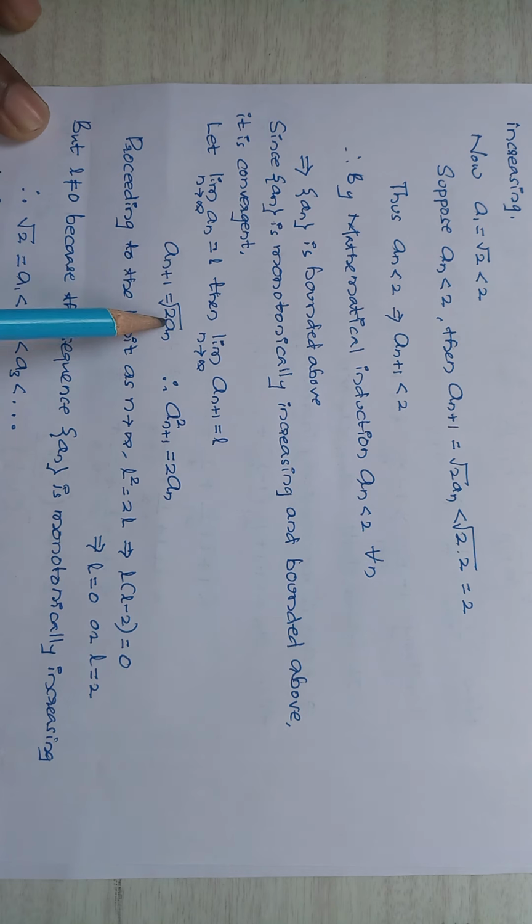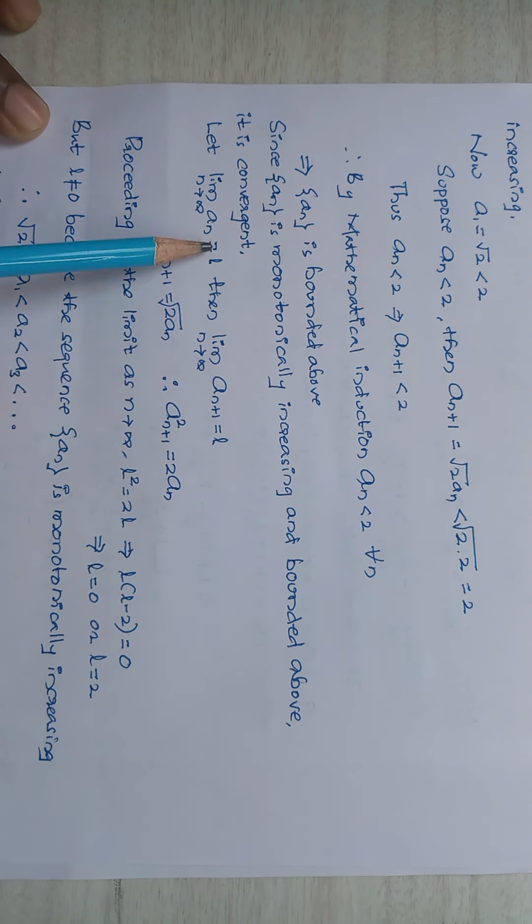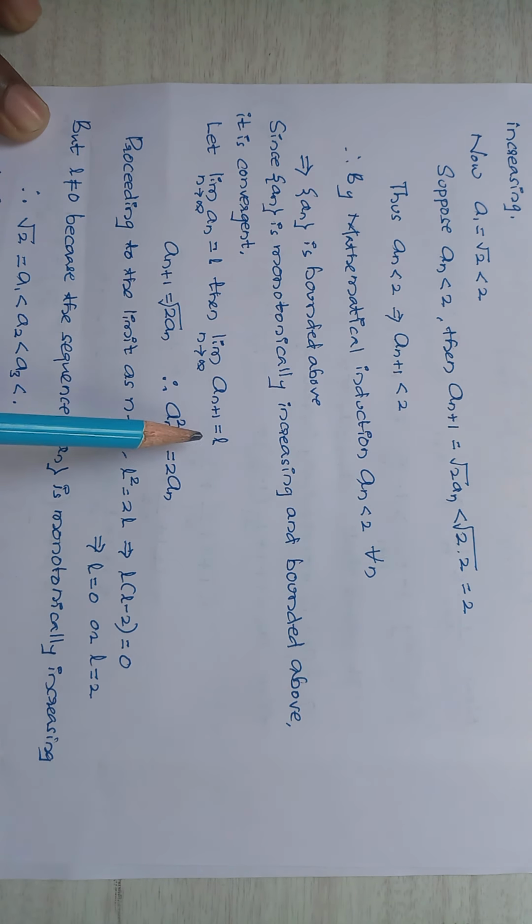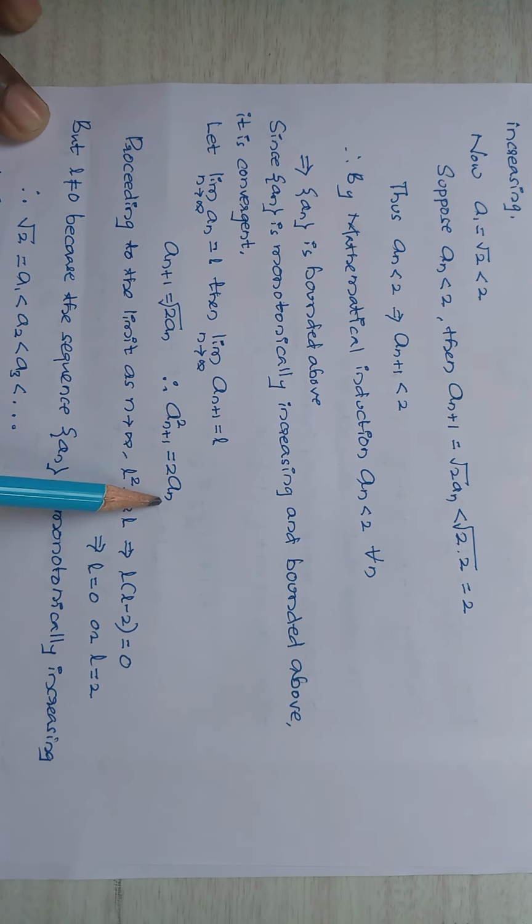If we square both sides, then it will become a of n plus 1 whole square is equal to 2an. Then I am substituting the values, L and L. A of n plus 1 whole square is also L square, and this is 2L. So L square minus 2L is equal to 0. If you take L common, it will become L into L minus 2 is equal to 0.